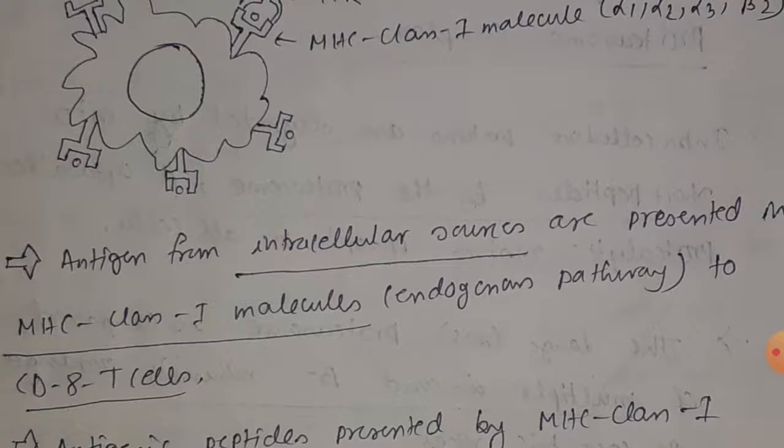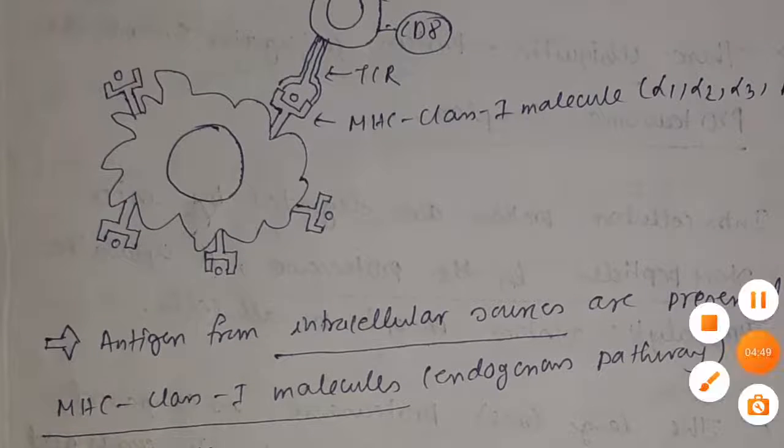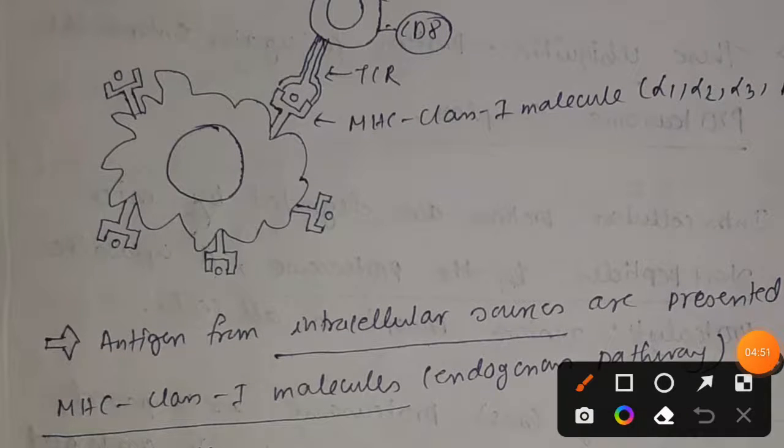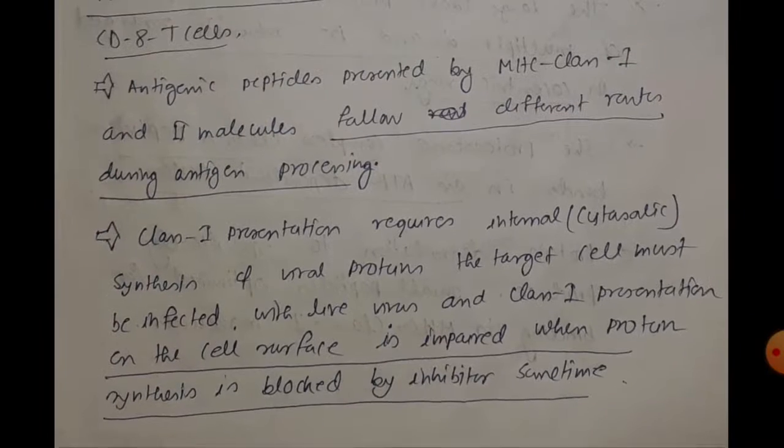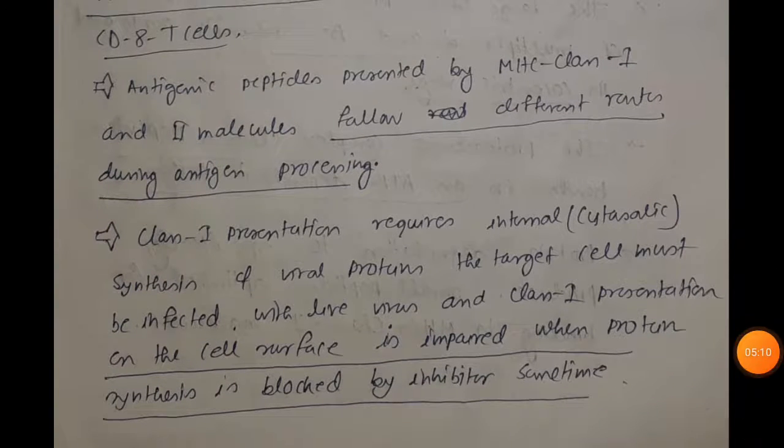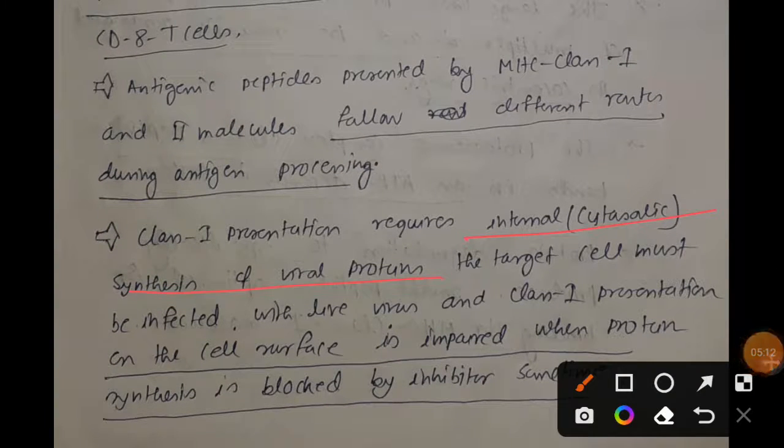Another important thing I want to mention is that the processing of antigen by MHC class 1 molecule can be prevented by any kind of protein synthesis inhibitor. Remember, here I have mentioned that class 1 presentation requires internal synthesis of viral protein.